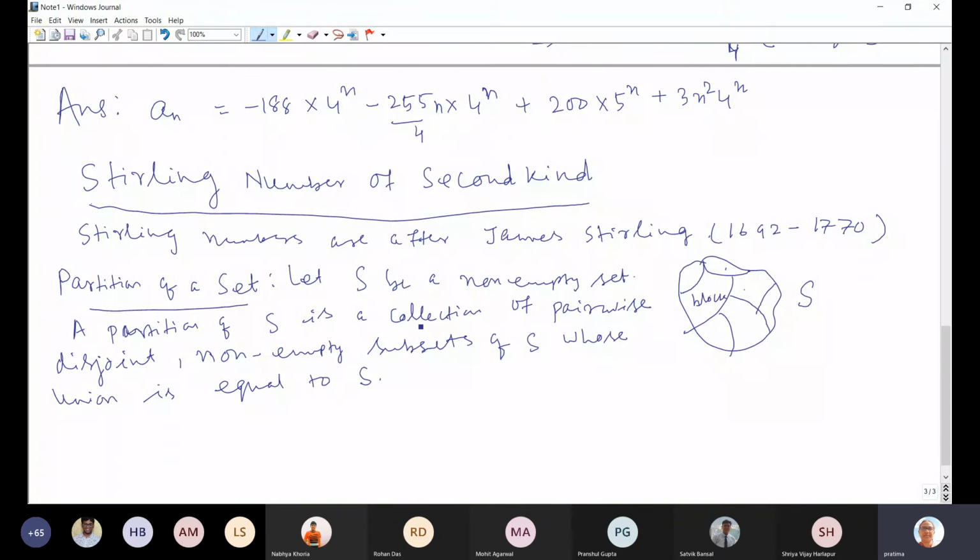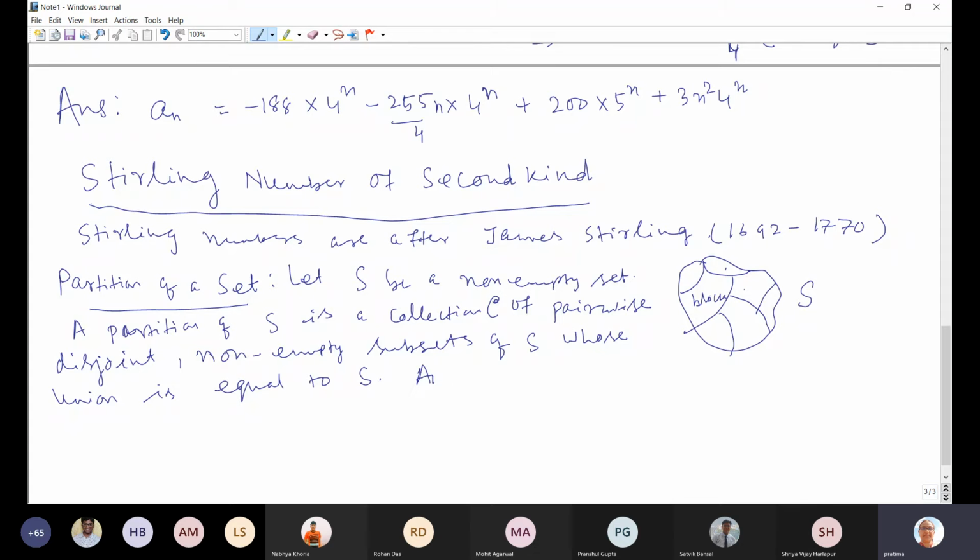partition of a set S. Well, if this is a collection C, let me say one more thing about the block I was telling. Here this collection C is a set of subsets of S. So an element of C will be called a block.